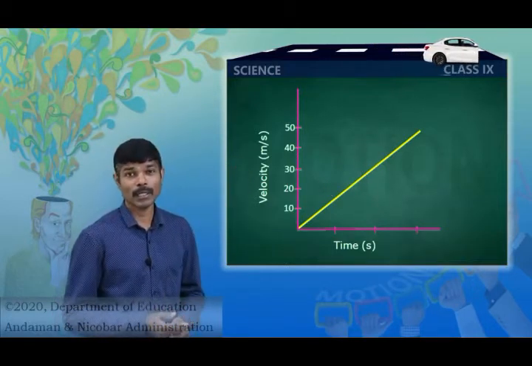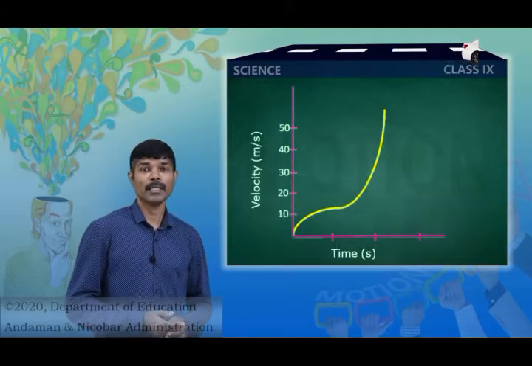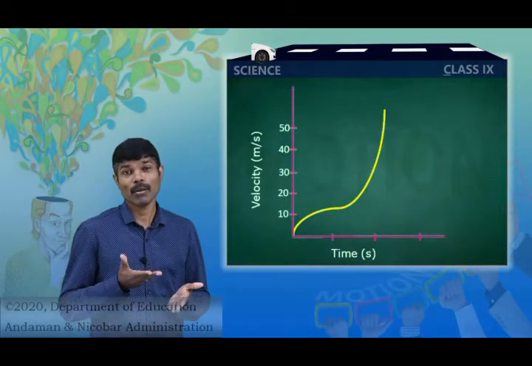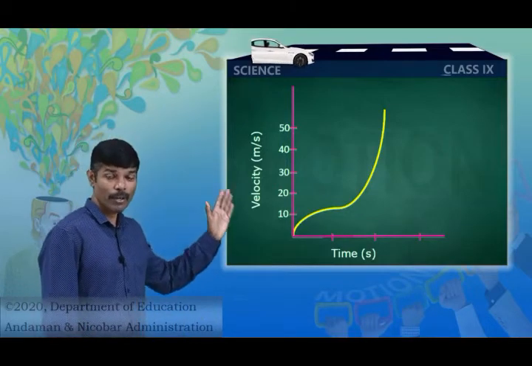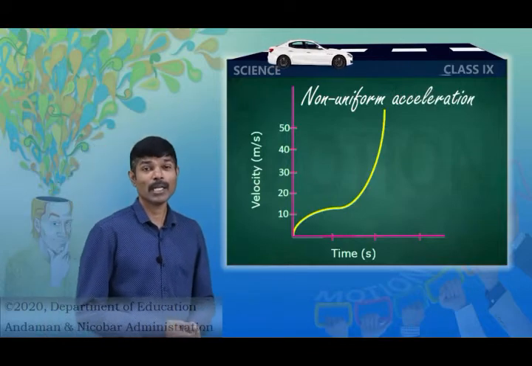Now we see the third velocity time graph, in which the speed is not at a uniform rate; the speed is continuously changing. So the velocity time graph for a non-uniform speed or velocity will give you a curved line.